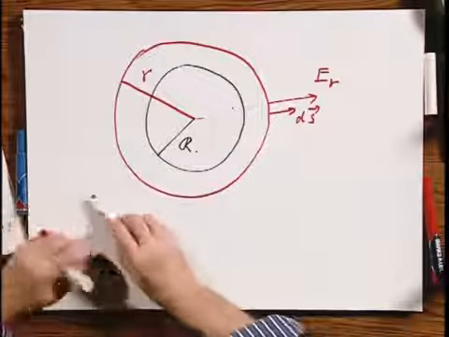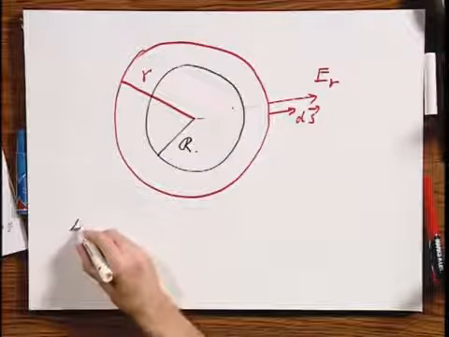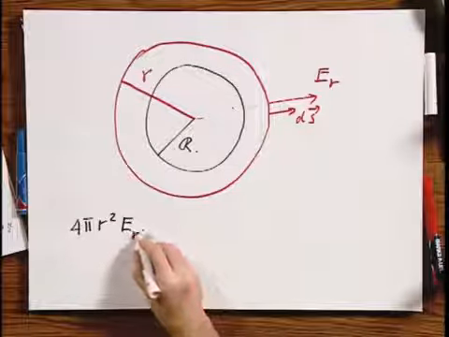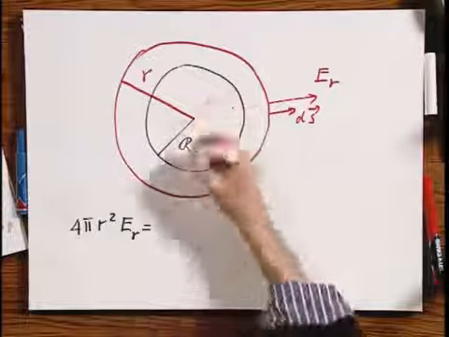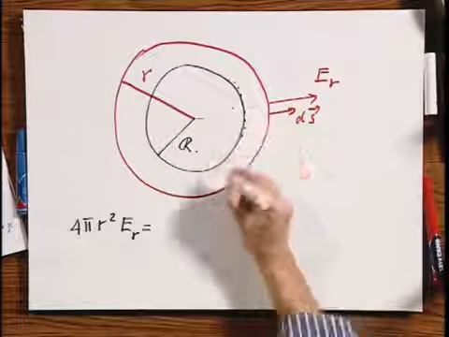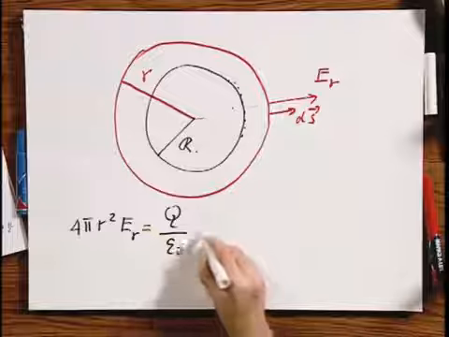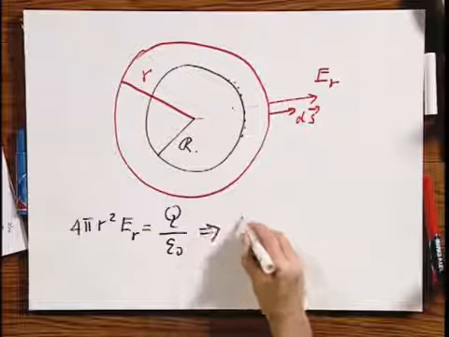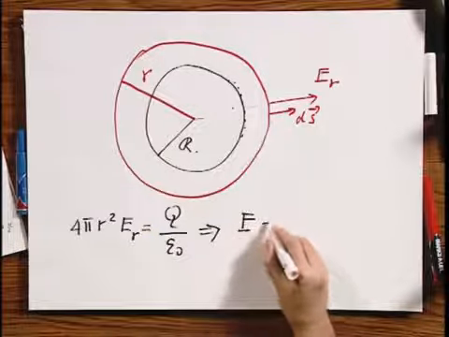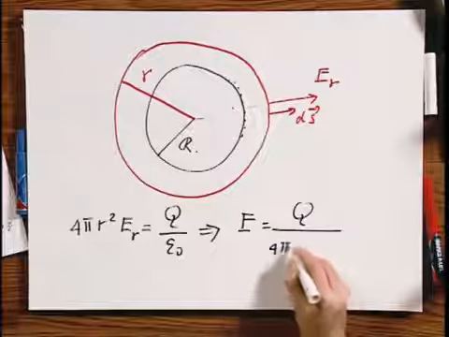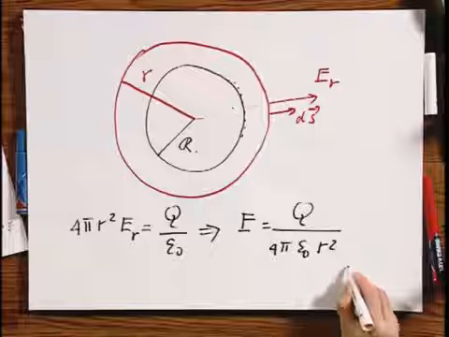And so it's very easy now to write down Gauss's law, 4 pi r squared E of r equals all the charge, which we know now is at the surface, uniformly distributed at the surface, Q divided by epsilon 0. And so we find that E equals Q divided by 4 pi epsilon 0 r squared.